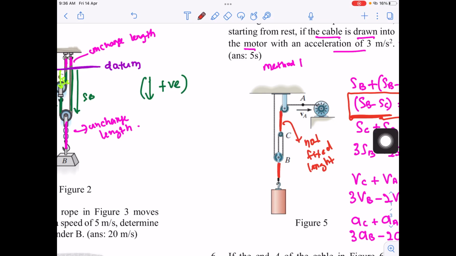Fix bermaksud panjang tali tu fix. Kalau you tarik kabel ni, dua-dua ni akan bergerak sekali sama-sama. This both move together. So, tali dia panjang ni sama lah. Boleh? Boleh, Liming? Boleh. Okay.